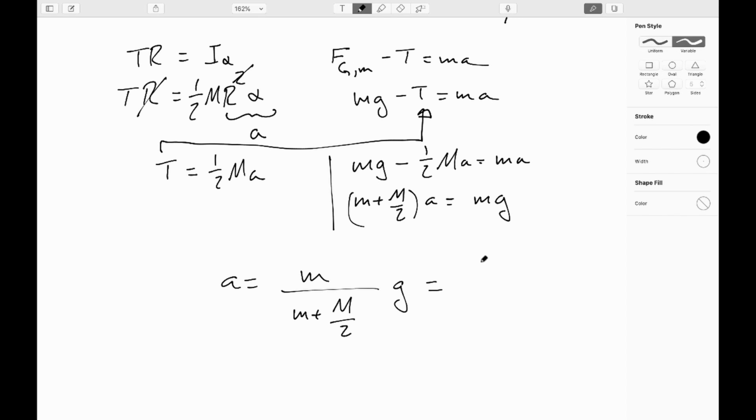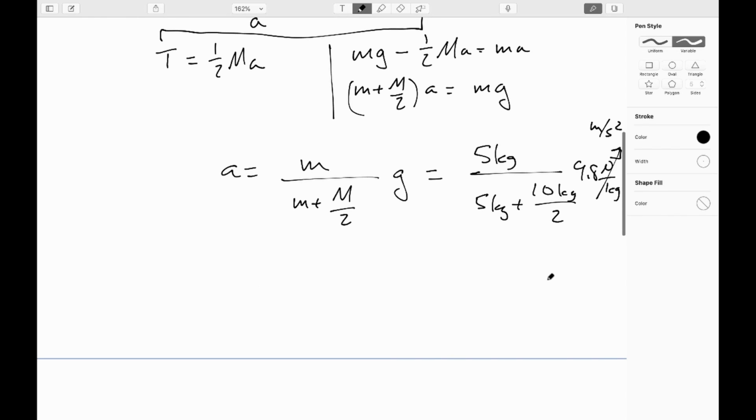All right, so this was 5 kilograms over 5 kilograms plus 10 kilograms over 2, times 9.8 newtons per kilogram. And here, since this is going to become an acceleration, we can write that as meters per second squared. All right, kilograms, numerator and denominator will cancel out. I've got 5 over 10 times 9.8, which tells us that the block will be accelerating at 4.9 meters per second squared.